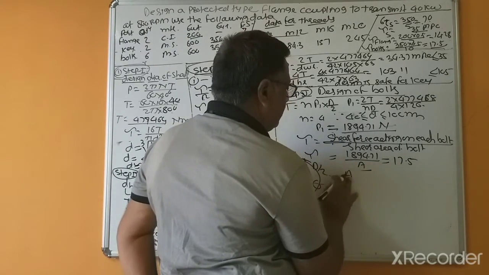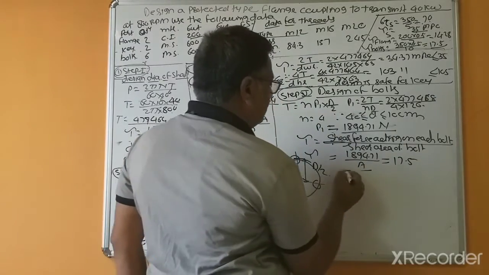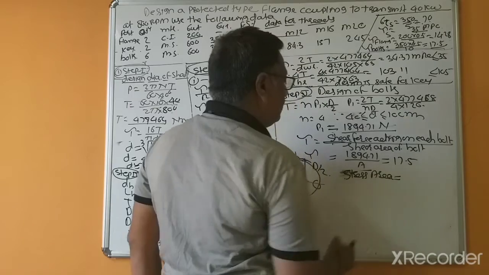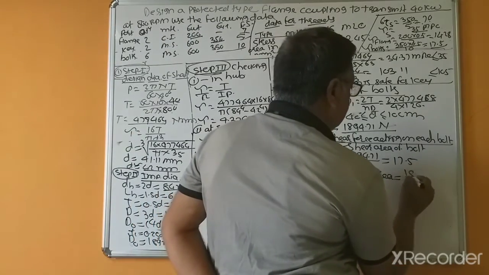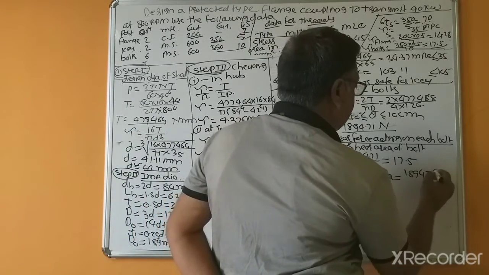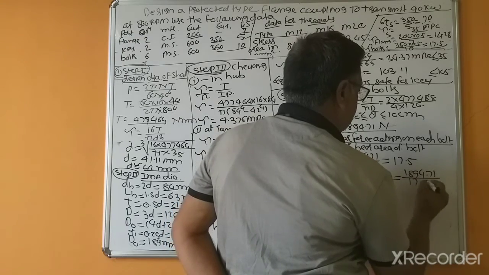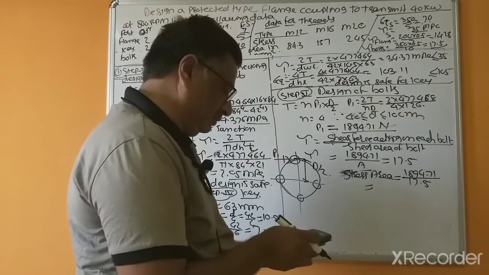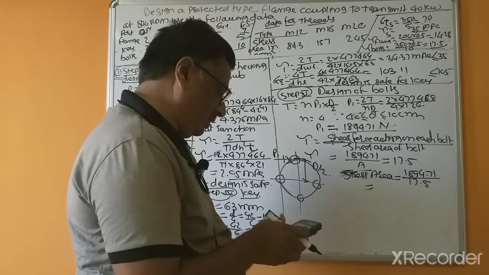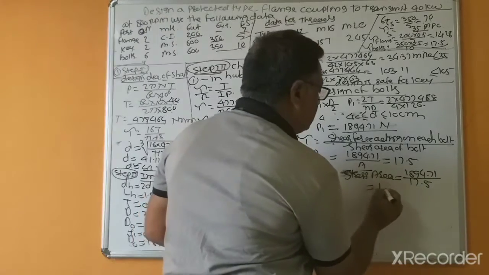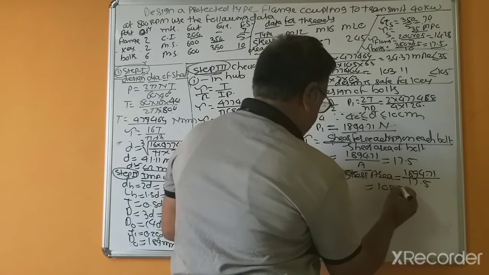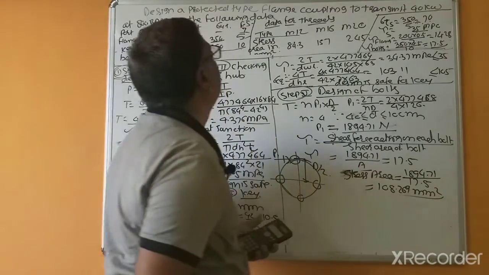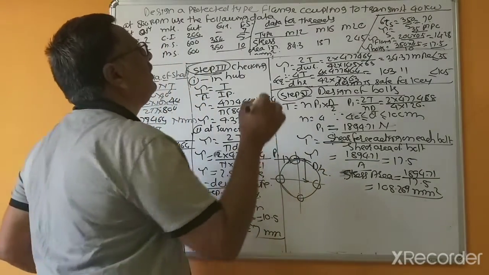Area equal to stress area, because it is mentioned here, so I am writing stress area equal to 1894.71 divided by 17.5. I got this is 108.269 mm squared.